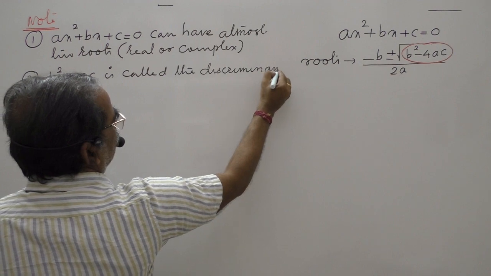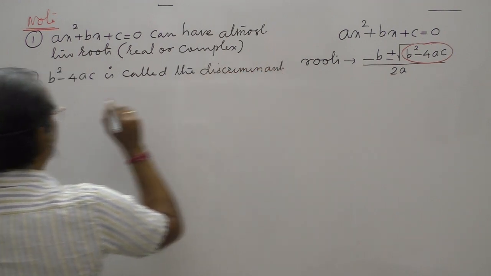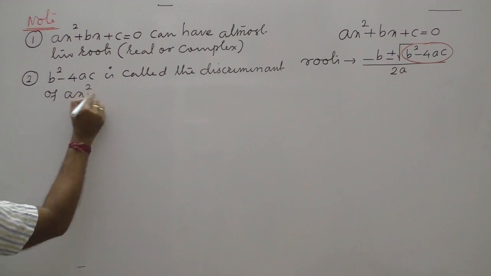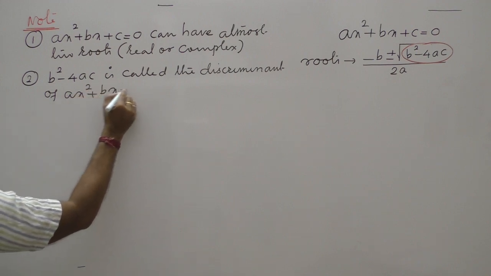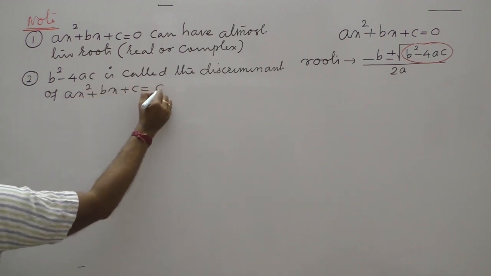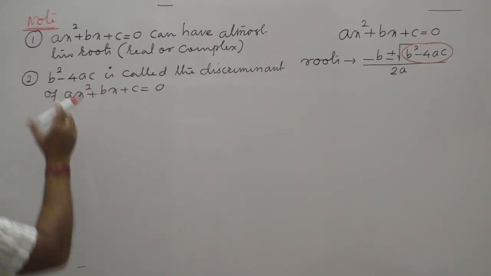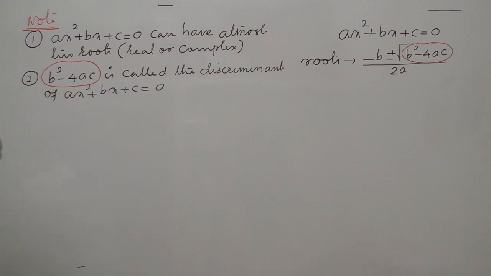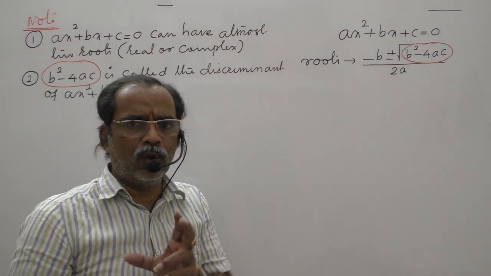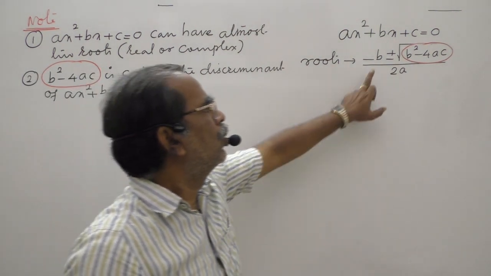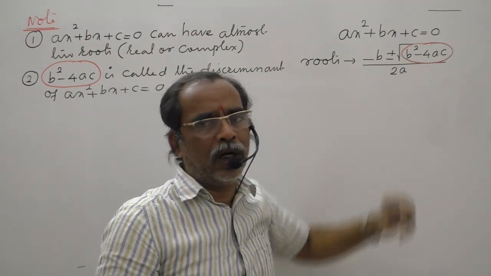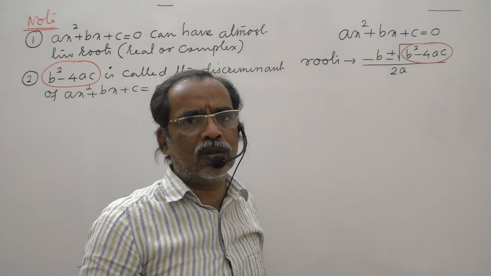It is called the discriminant of the equation ax square plus bx plus c is equal to 0. What is this? b square minus 4ac. It is known as the discriminant, most important. The roots of this equation, the nature of the roots, depend on this discriminant only.